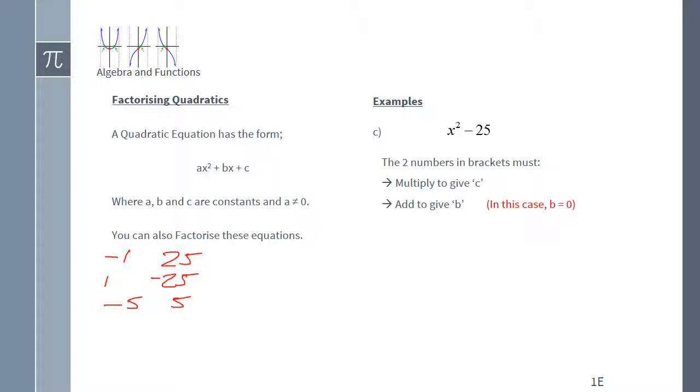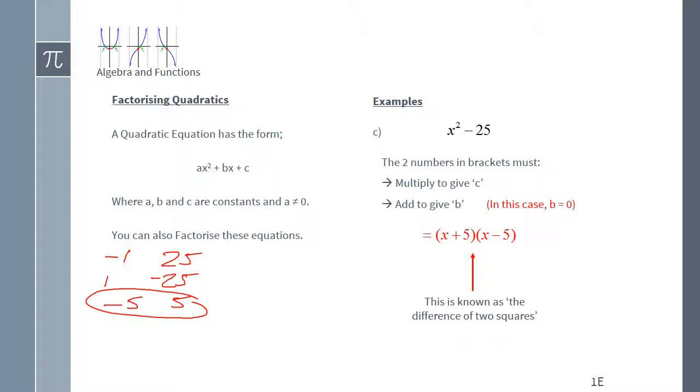That's pretty much it. Which of those adds to be nothing? It's only minus 5 and 5. So x plus 5, x minus 5 is the factorisation.